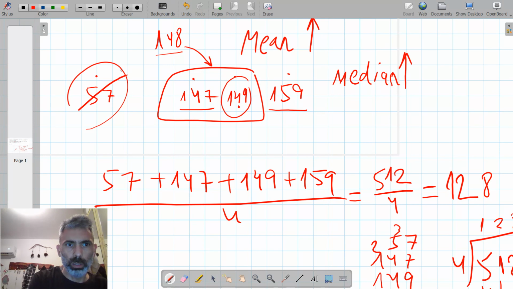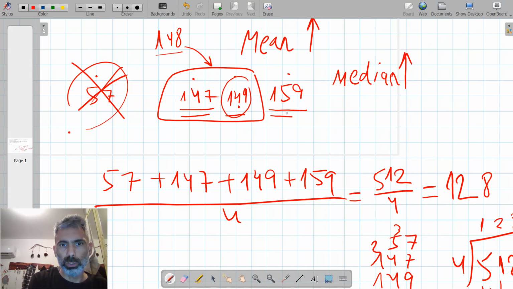But when we eliminate this data point from the data set and we are left with only 147, 149 and 159, then the mean will increase by a significant amount.